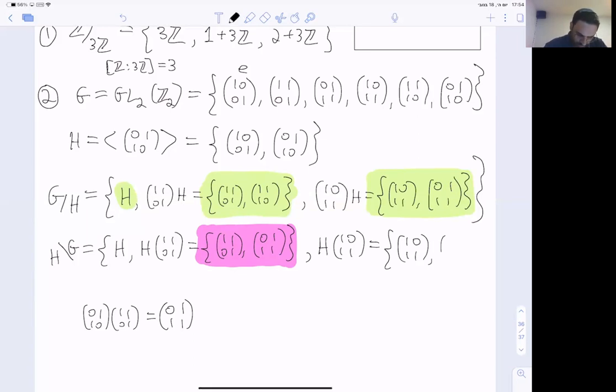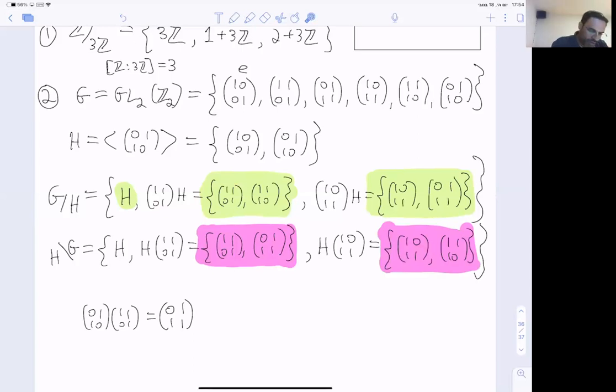So it must be this one. Okay. So you see, of course, H must be in both. But you don't have this coset here. Okay, and you don't have this coset here.